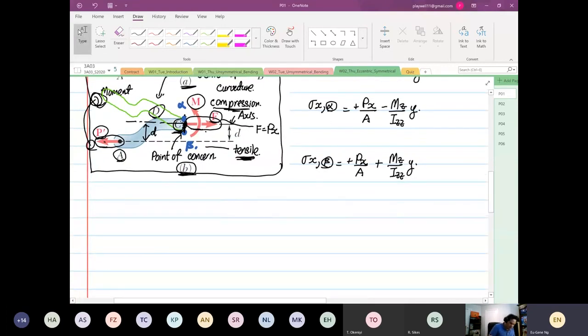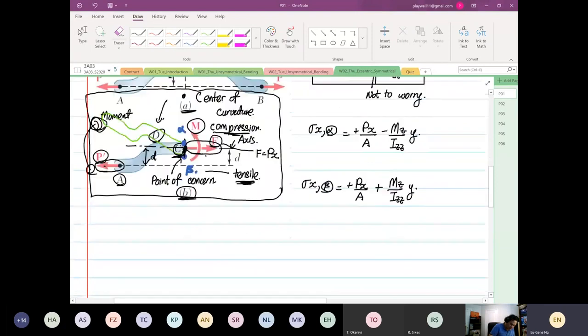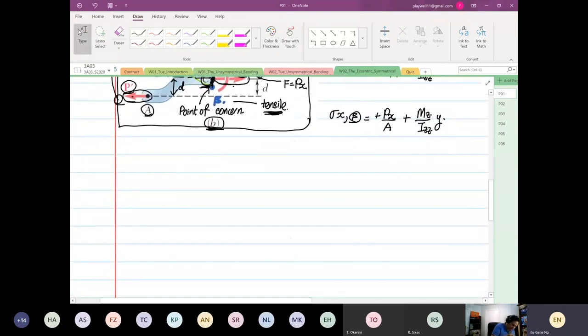If we were to draw a cross-sectional area, so now I'm drawing the cross-sectional area. This is my y, this is my z, and this is my rotation in the x direction.